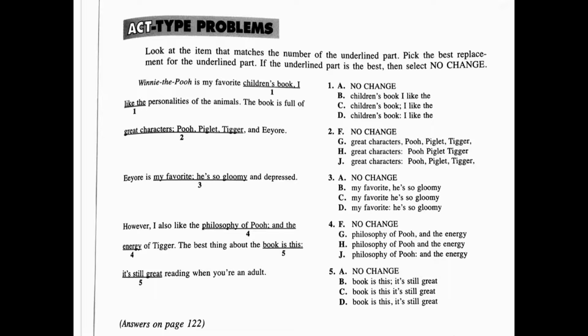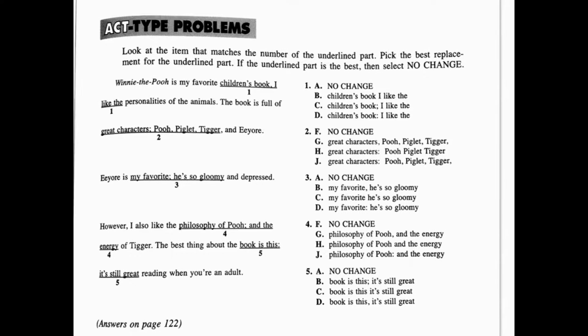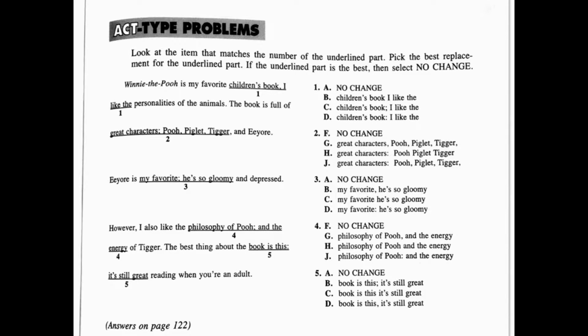So for number one, we want to connect those two independent clauses, so the answer is going to be C, because we want to connect those two with a semicolon.